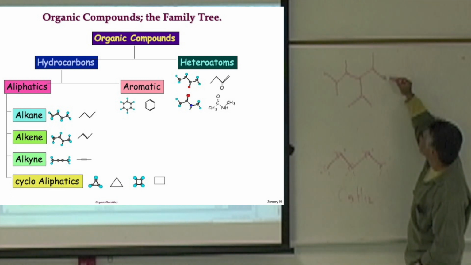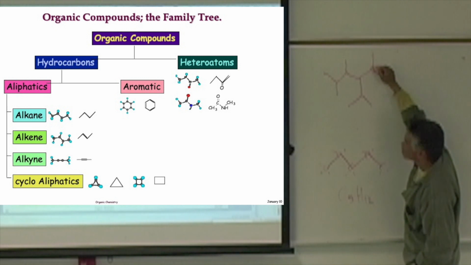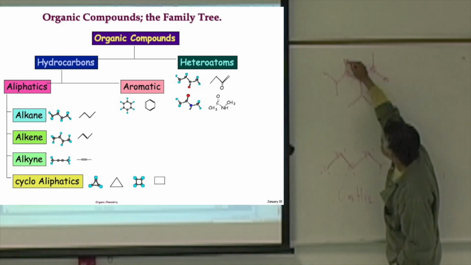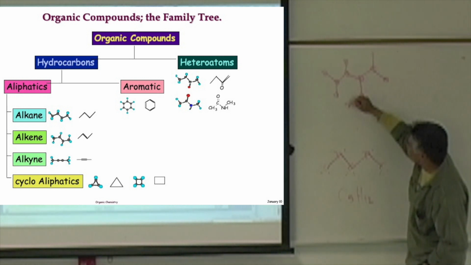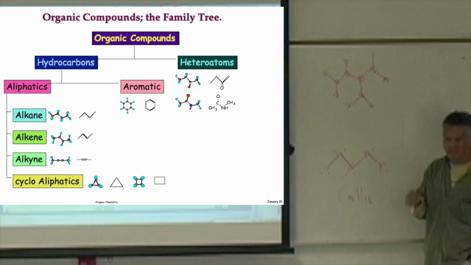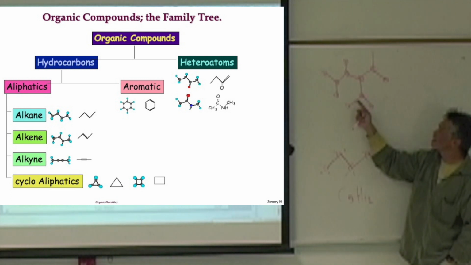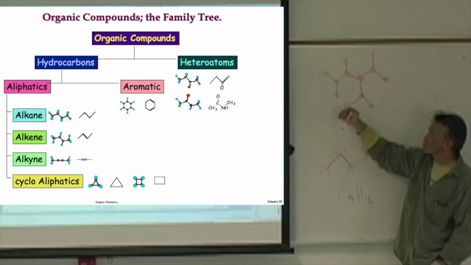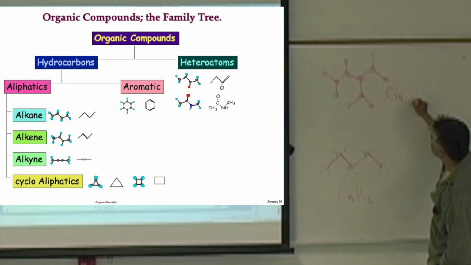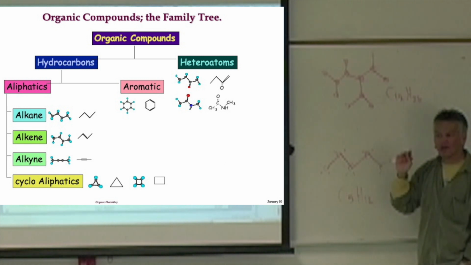I said 13, but counting: 1, 2, 3, 4, 5, 6, 7, 8, 9, 10, 11, 12. I was 1 off. So you need to be able to find the carbons. It's generally in angles. So we know there's 12. How many hydrogens? 26, exactly. I can count, but I'm not going to bother.